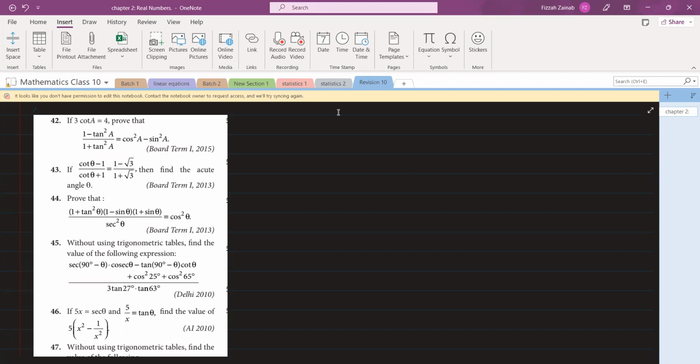Martin, done? What is the value of tan A? 3/4. Okay, so just put it in the LHS and obtain a number, then put it in the RHS and obtain a number. So you have to find cos A also and sin A also.